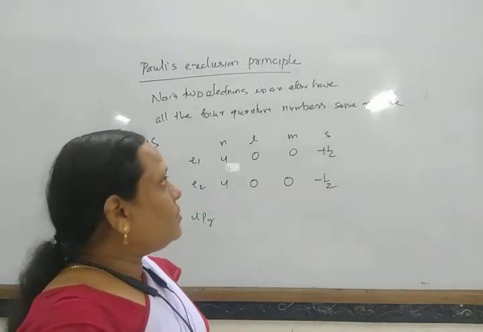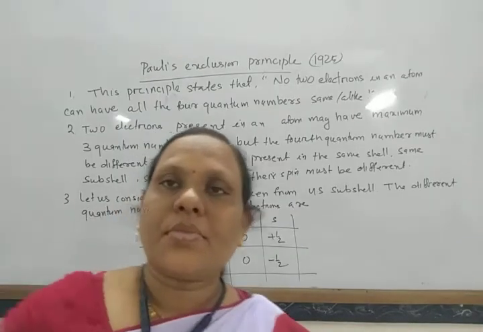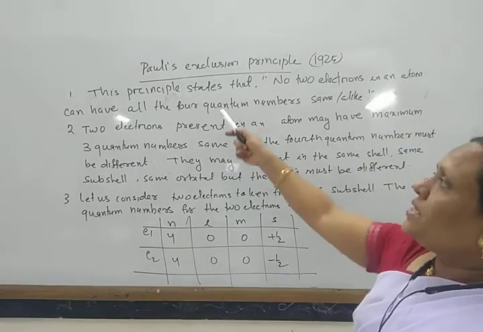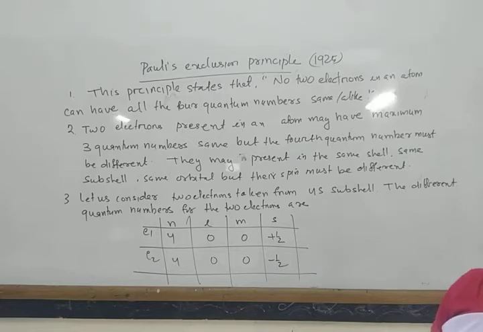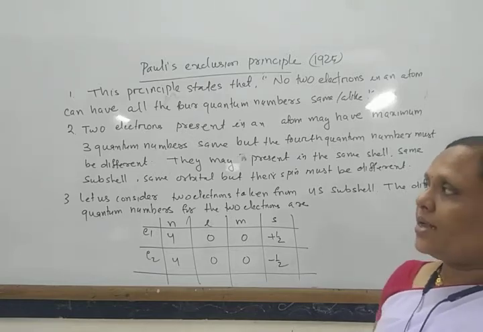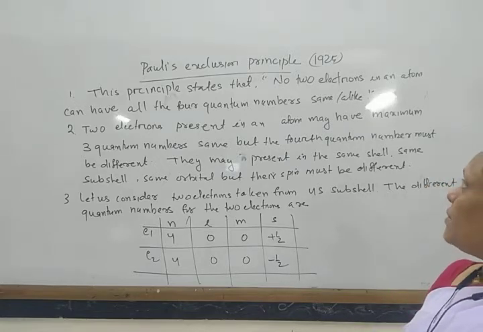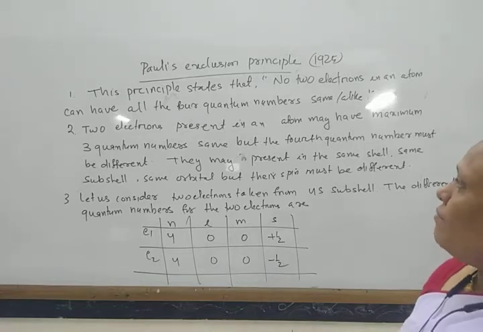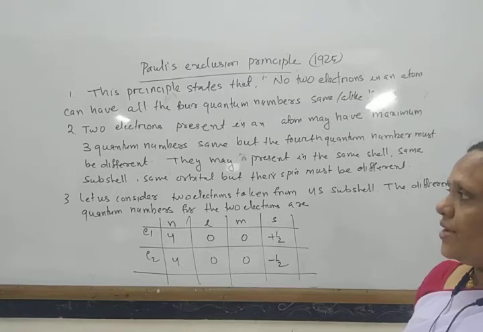Now note down these points. This principle states that no two electrons in an atom can have all four quantum numbers the same or alike. Two electrons present in an atom may have a maximum of three quantum numbers the same, but the fourth quantum number must be different.